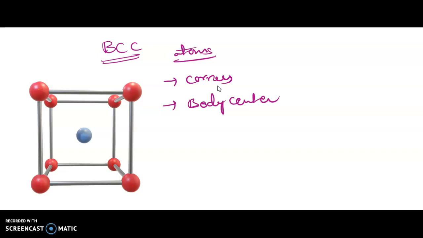We know corners are 8 and the contribution is 1 by 8, so we'll get one effective atom. At body center, the complete atom belongs to one particular unit cell, so the contribution at body center will be one atom.